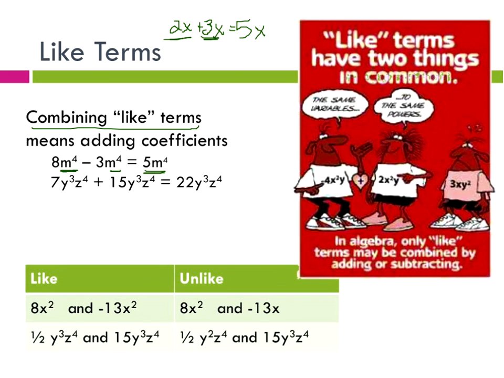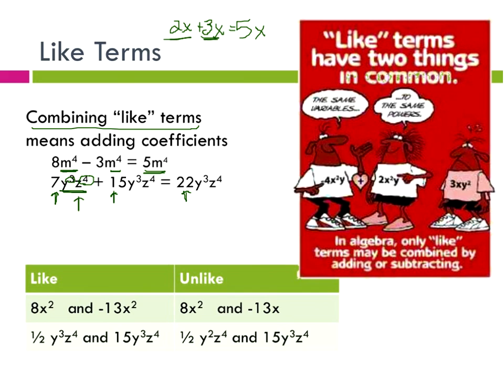That means we have a total of 5m to the fourth that are left. We could look at something like y cubed z to the fourth. If I start with 7 of them, and I add 15 of them, then I have a total of 22 y cubed z to the fourth. Notice that we don't do anything like add these exponents. We don't all of a sudden get 22 y to the sixth z to the eighth.